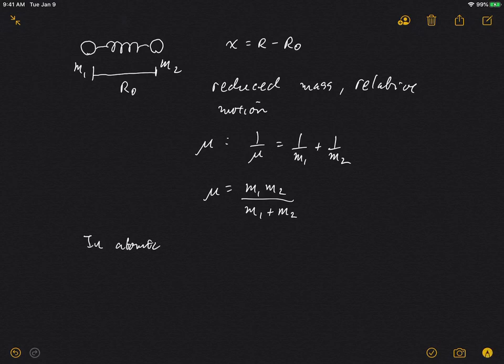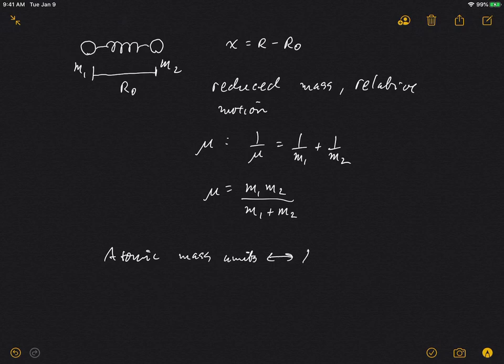We're going to have to go back and forth between atomic mass units and kilograms.